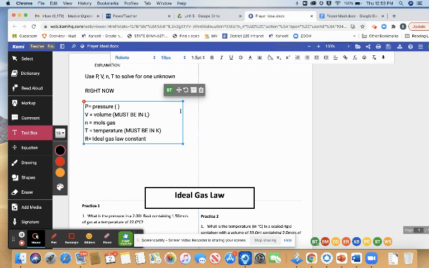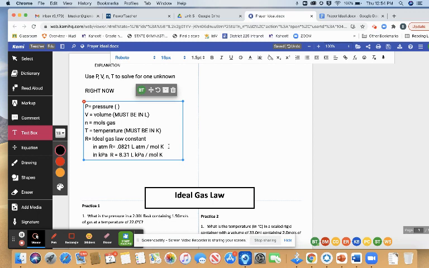Now, I'm going to give you three of them that you might be presented with. So if you are in atm, R equals 0.0821 liters atm over moles Kelvin. And why do I have all these units there? Well, because there are these four variables in the ideal gas law. Now, if your pressure is given in kPa, kilopascals, R is going to equal 8.31 liters kilopascal over moles Kelvin.